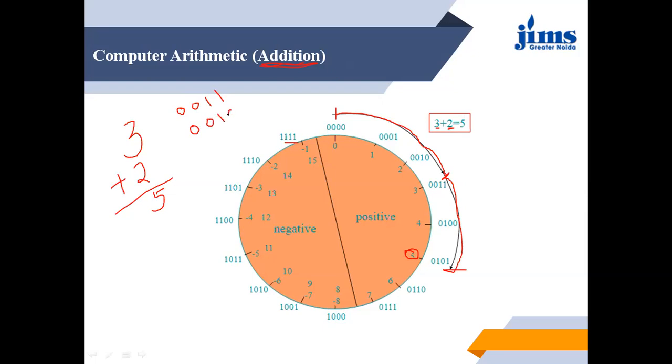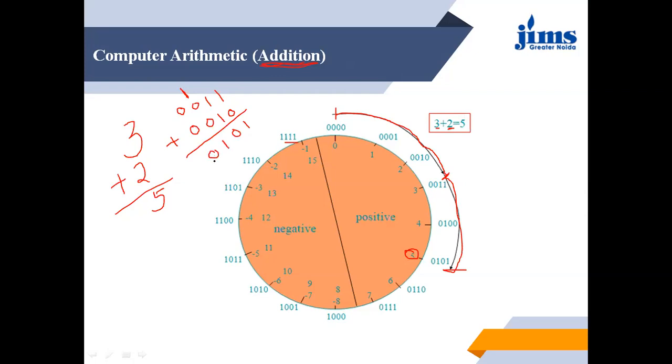And when we have to add these two numbers, plus 3 and plus 2, then 1 plus 0 is 1, 1 plus 1 is 0 with a carry 1. So here will be a carry. So 1 plus 0 plus 0 will be 1, and 0 plus 0 is 0.